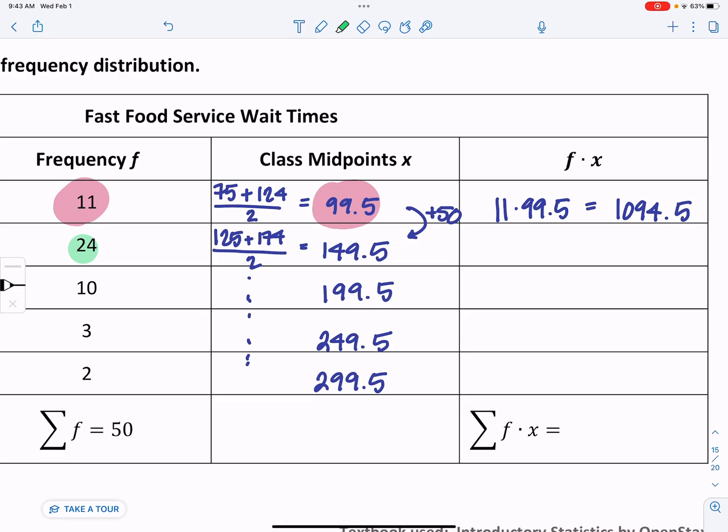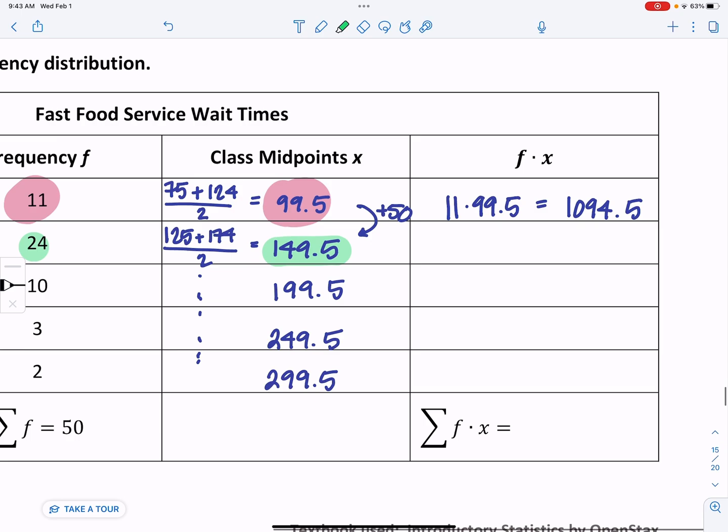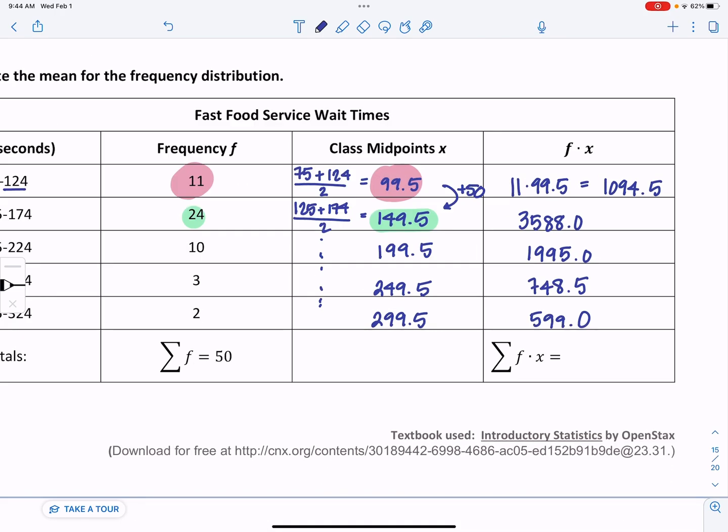Then I'm going to multiply 24 times 149.5. And I get 3,588.0. If I continue with my multiplication, those are my results.